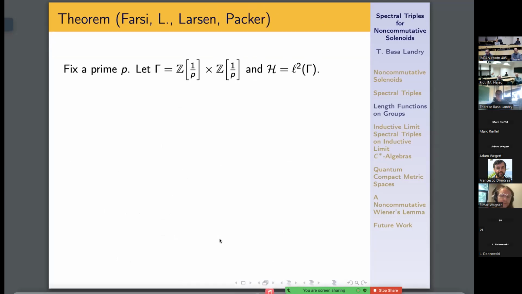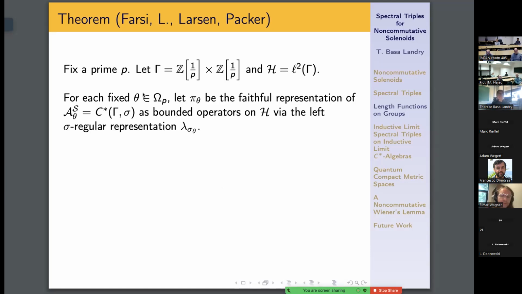So using this particular length function, we were able to construct a spectral triple. Fix a prime p, and we have Z_p cross Z_p. Our Hilbert space is the L2 functions. Pick a sequence in Omega_p, and as the representation, take the left sigma regular representation.